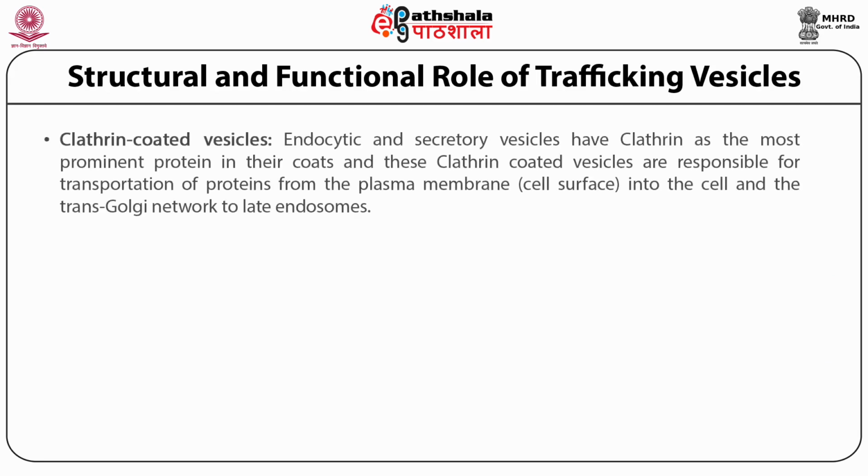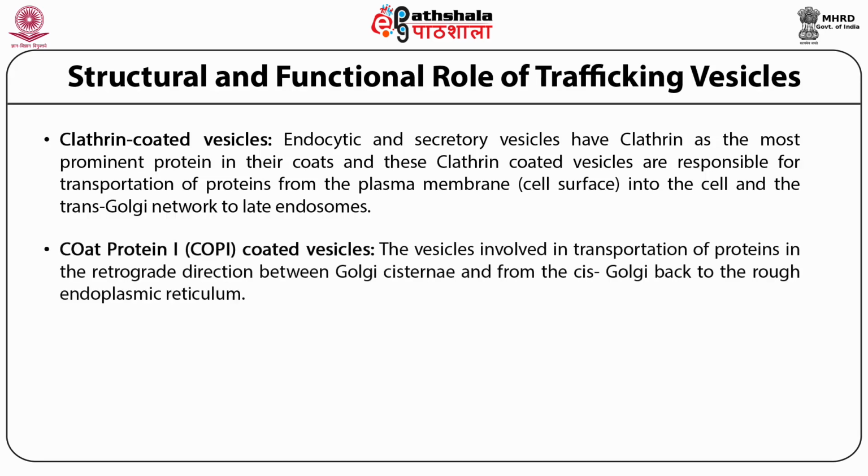Number 1, clathrin coated vesicles. Endocytic and secretory vesicles have clathrin as the most prominent protein in their coats, and these clathrin coated vesicles are responsible for transportation of proteins from the plasma membrane or cell surface into the cell and from the trans-Golgi network to late endosomes. Number 2, the coat protein 1 coated vesicles, or COP1 coated vesicles.